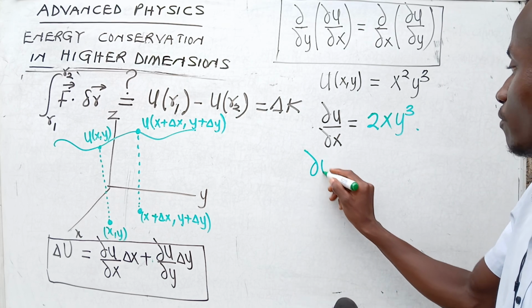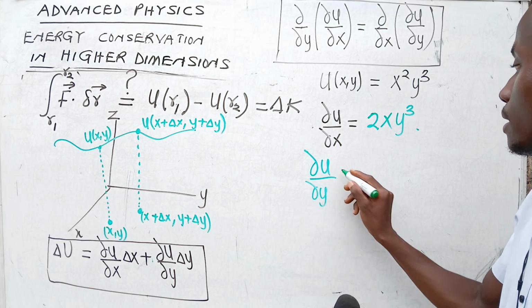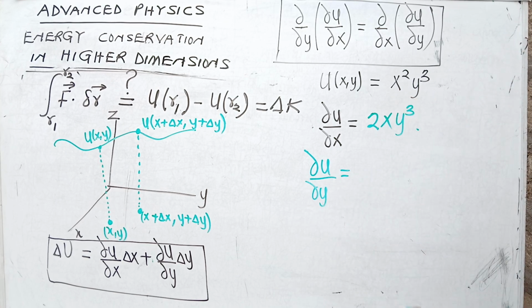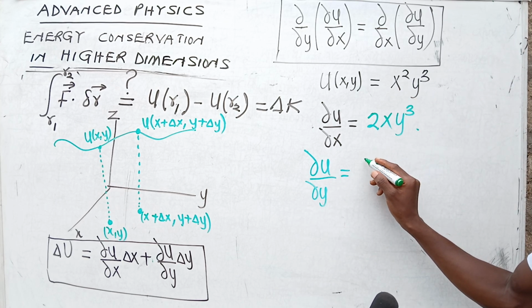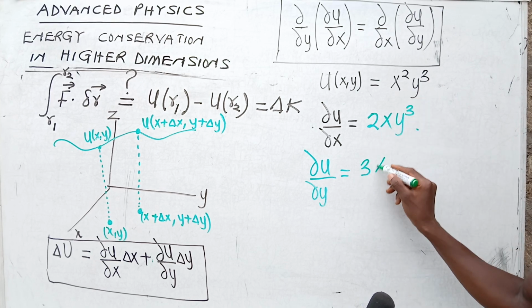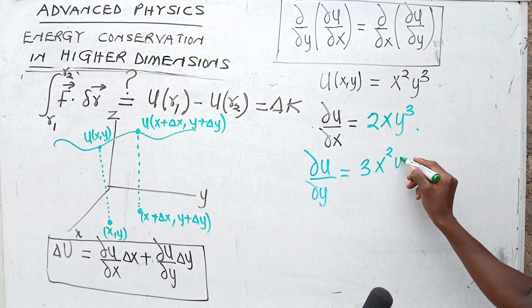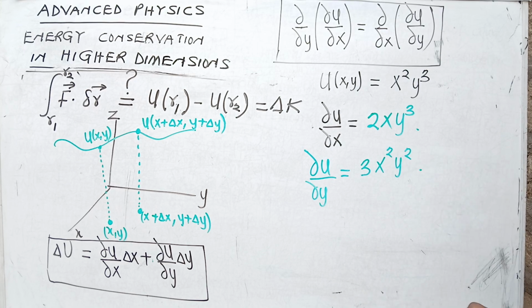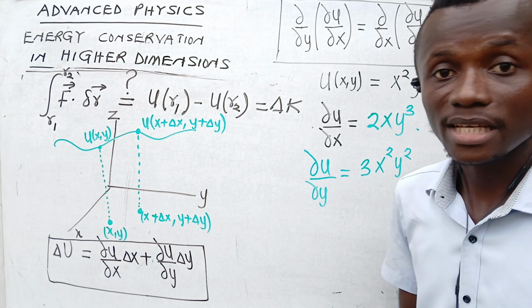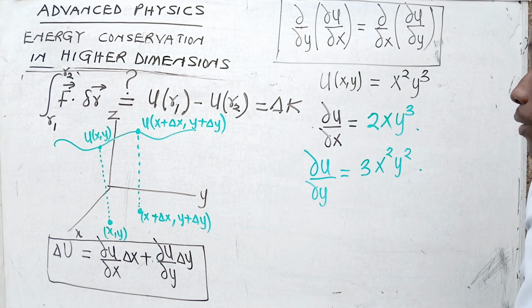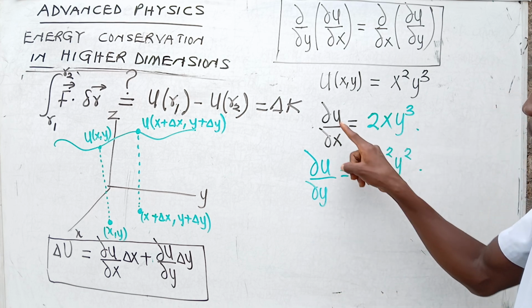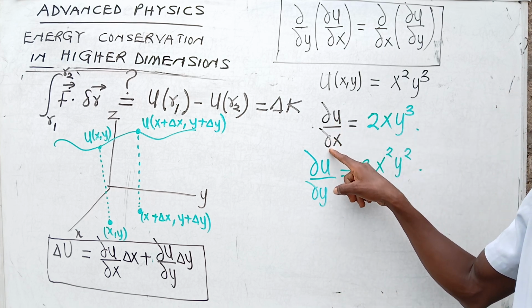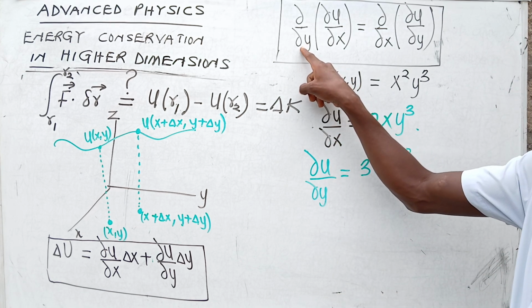And the partial derivative of u with respect to y is equal to, keep x a constant. So differentiating y cubed, you have 3, keeping x squared a constant, y squared. That's it. So let's see if the cross derivatives are equal. So now this is the derivative of the height function with respect to x. Let's take the y derivative of that.